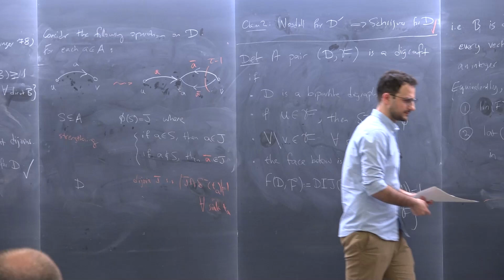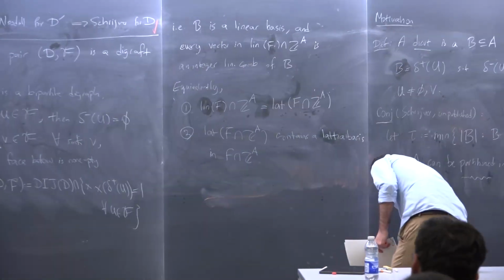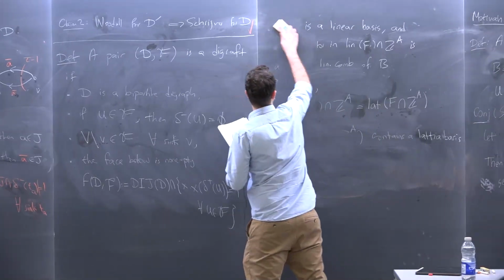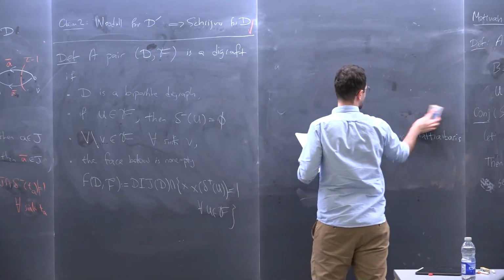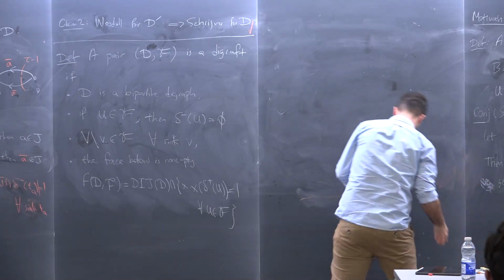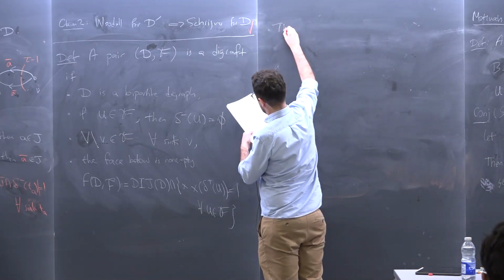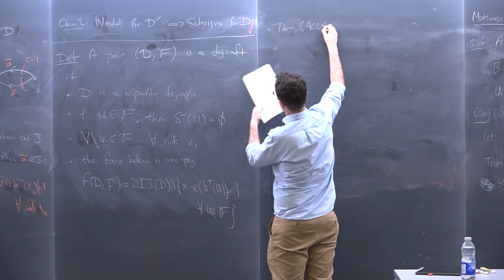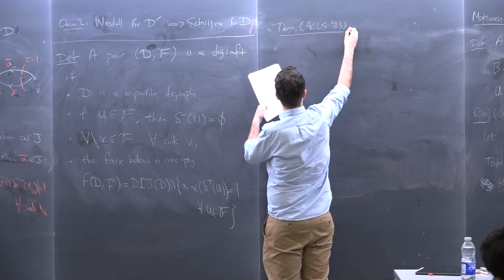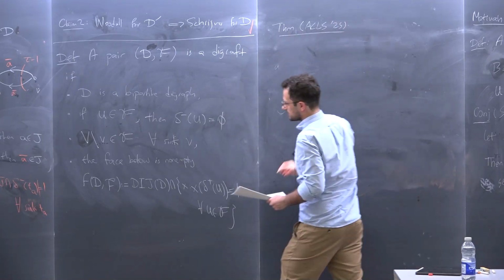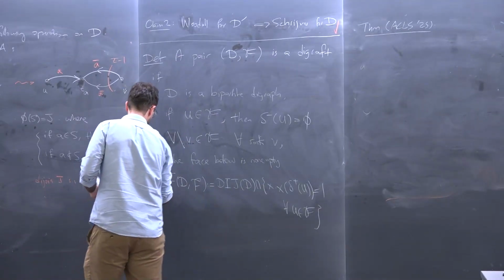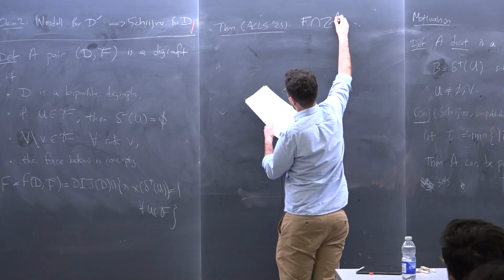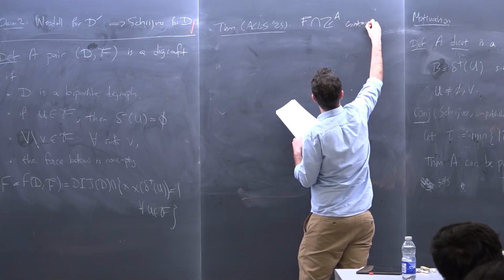I didn't need to do this before, but I actually did need to do it before. But then what we prove is the following, and let's call this face F: F intersected with Z^A contains an integral basis.